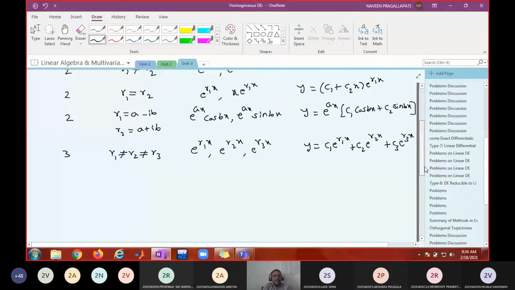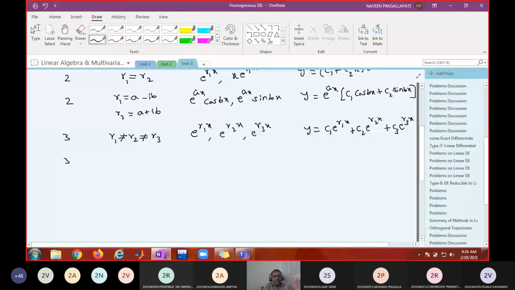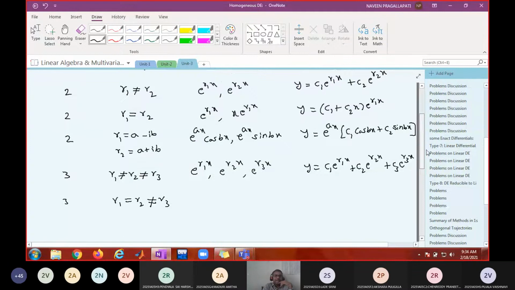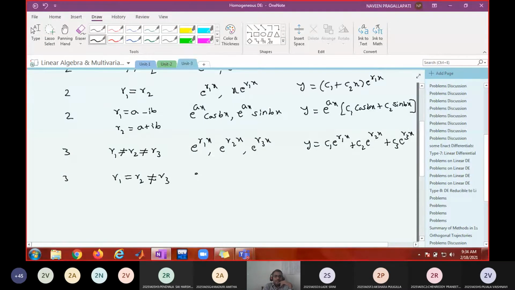The case may be like this: order is 3, but two roots are same. R1 equal to R2, but distinct from R3. Now, can you tell me the independent solutions? For equal roots, the independent solutions are e power R1x, x e power R1x.